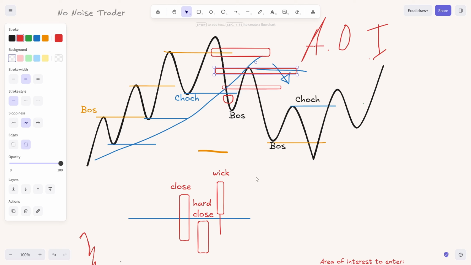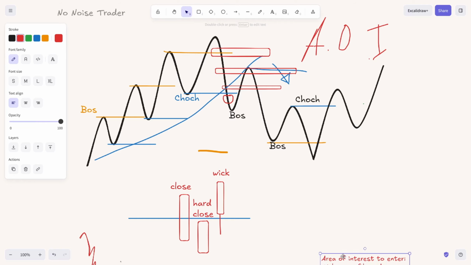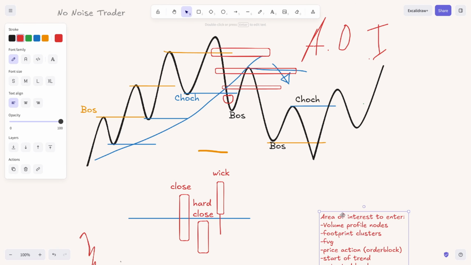If you ask me what those areas could be, which we can see in other videos in more detail, it could be volume profile nodes, it could be footprint clusters, it could be fair value gaps, it could be price action or the block type of candles, candle shape. Then we have start of trend.